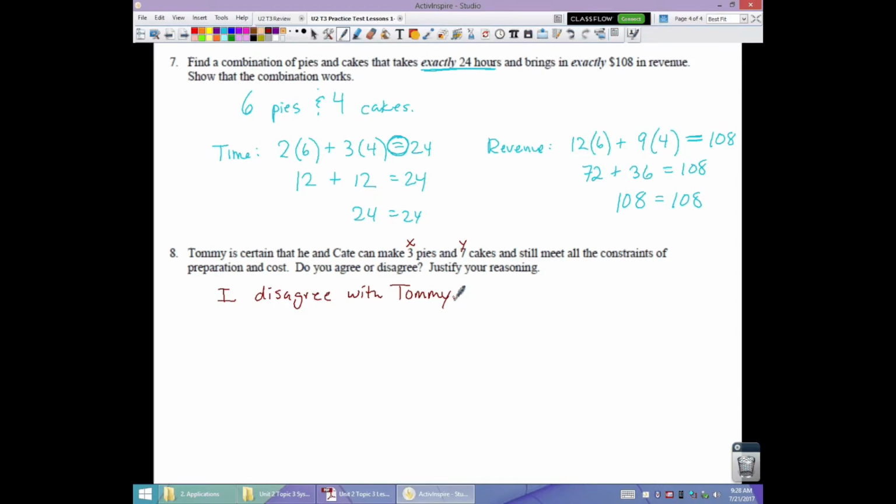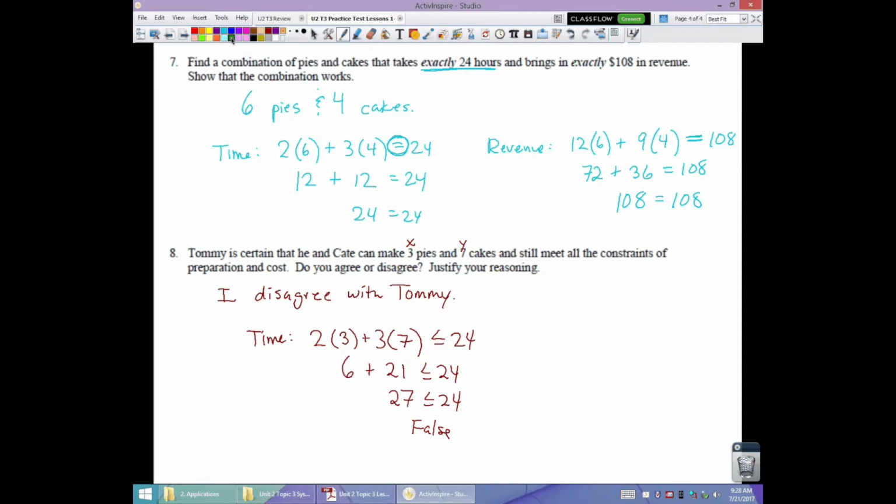So if I tried the time constraint with 2 times 3 plus 3 times 7, supposed to be less than or equal to 24. Well, that's 6 plus 21, which is 27. That is not less than or equal to 24. So that right there is enough of a justification that Tommy is wrong.